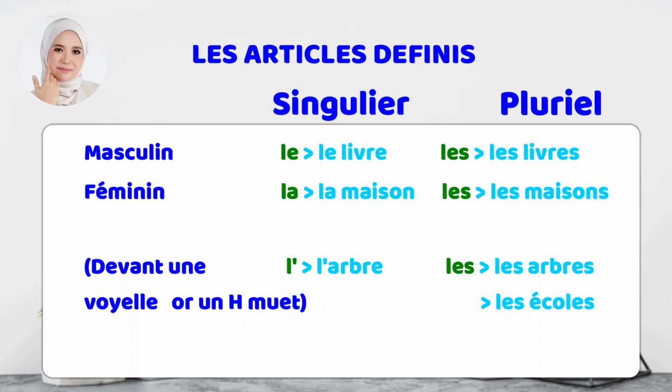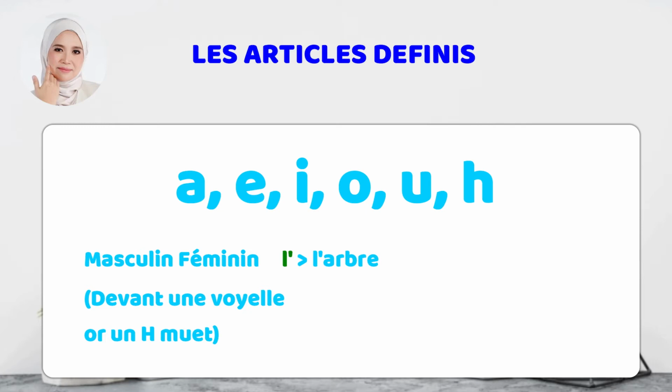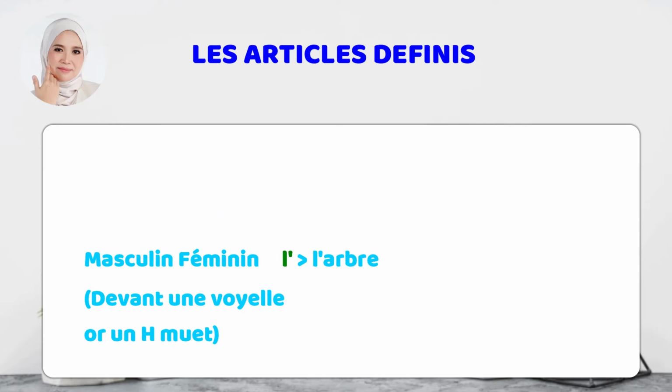Okay, after les, next you have l' (L with an apostrophe). This one is easy too, as it is used with a noun or word that starts with a vowel or the letter H. For example, you have l'arbre.